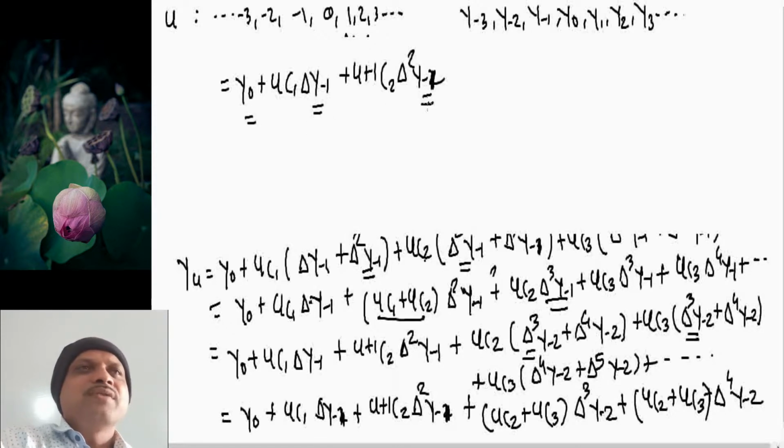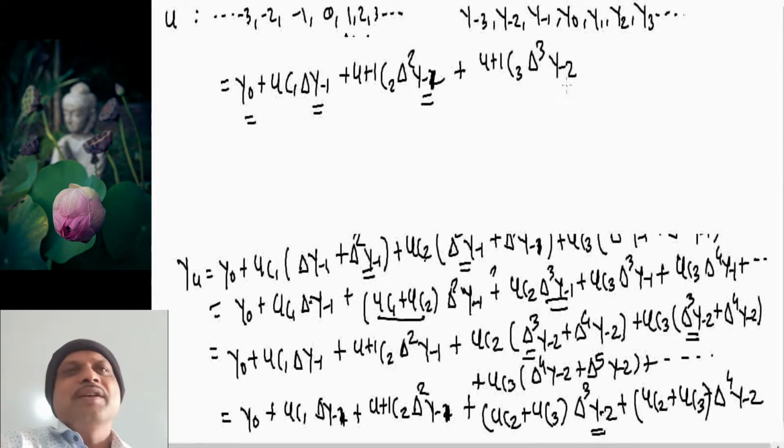Next, in terms of y at minus 2, this will be (u+1)C3 delta cube y at minus 2. The next term will also come from y at minus 2: (u+2)C4 delta raised to 4 y at minus 2, plus and so on.